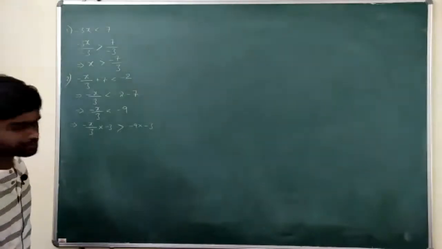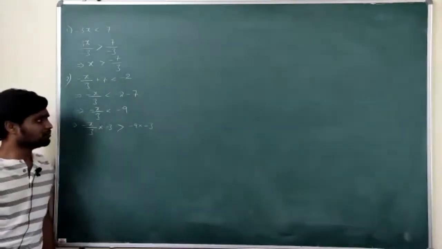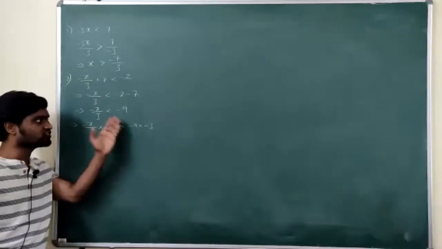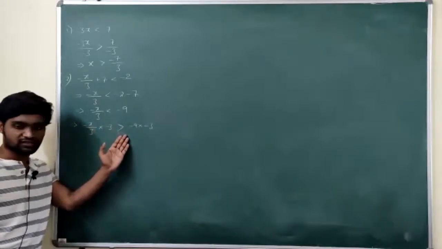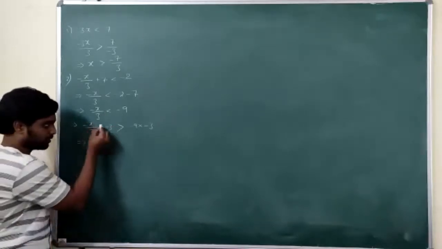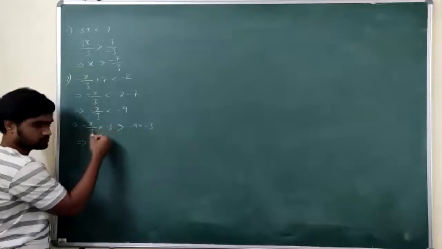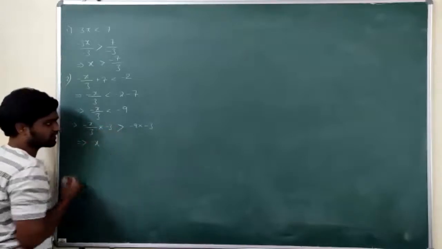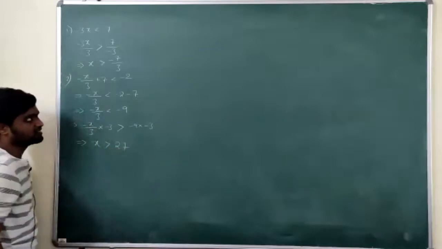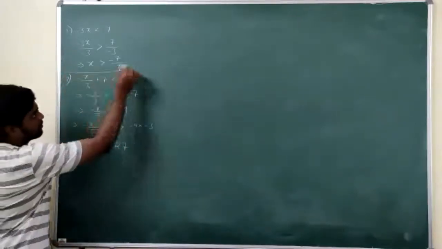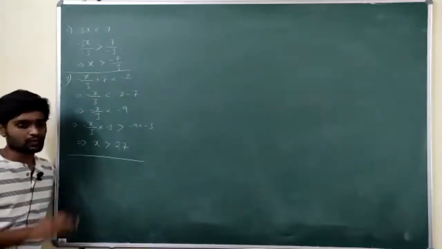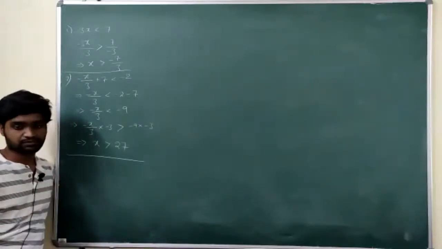On multiplying with a negative number on both sides, inequality changes. Minus 3, cancel. So, x is greater than 27. Any doubt in this?